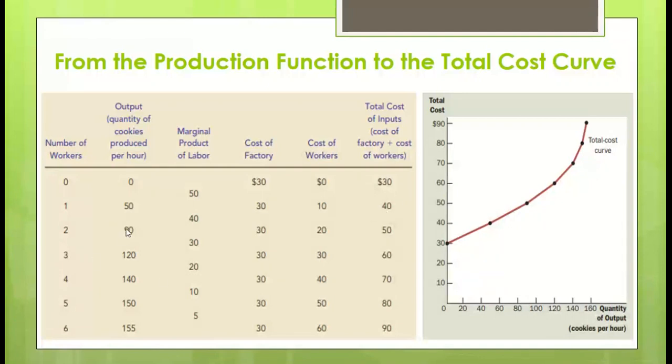Similarly, when it is increasing to 90 units, the cost is also rising to $50. So that means that when the output is increasing, the total cost is also increasing, and you can see this from this graph as well. If the output is increasing, the total cost is also increasing at every point, in this way.